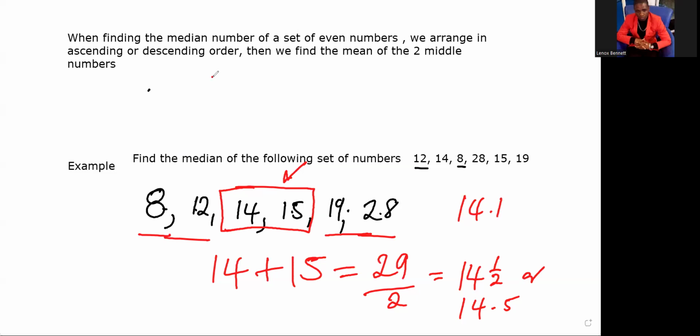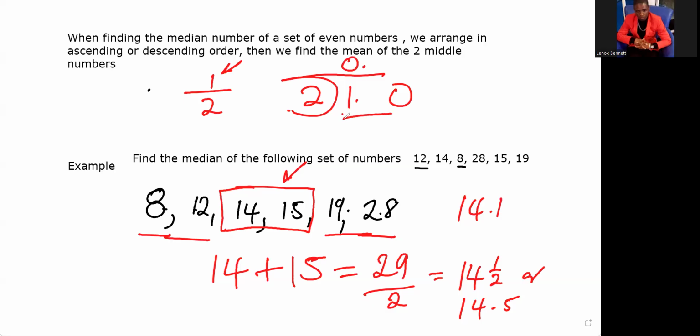How do we convert a half to a decimal? We simply divide the numerator by the denominator. 2 into 1 you can't, so you put your 0, then you say 2 into 10. So it's actually 0.5. And that's how we convert.